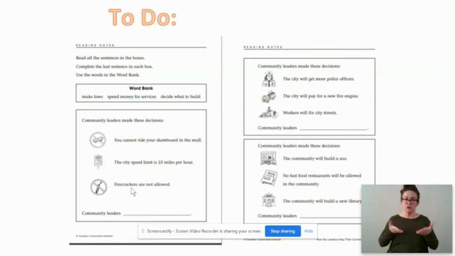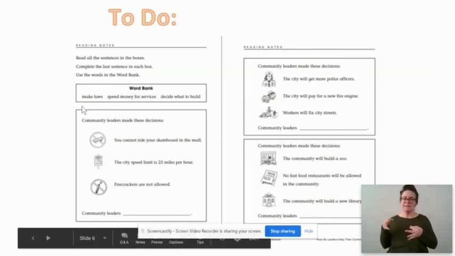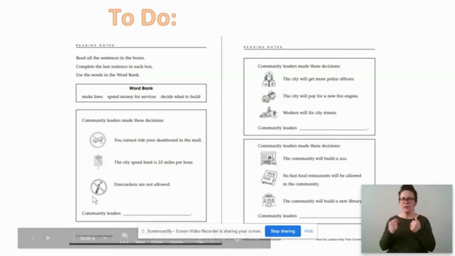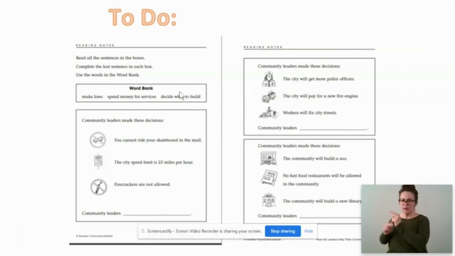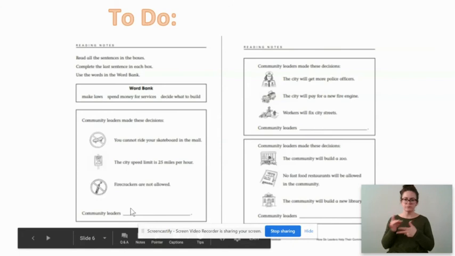So, whichever one you think makes the most sense, were community leaders making laws when they were thinking about these decisions? Were they spending money for services when they made these decisions? Or were they thinking about what they should build when they made these?